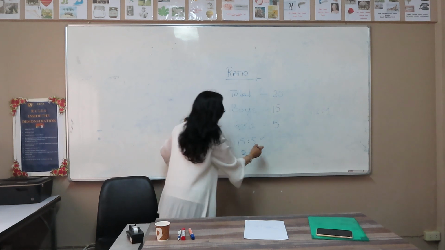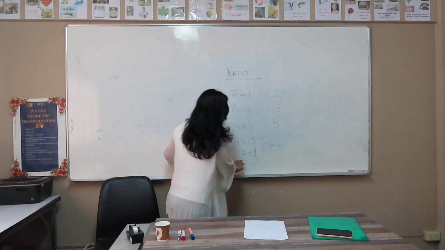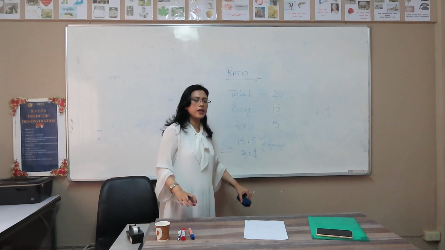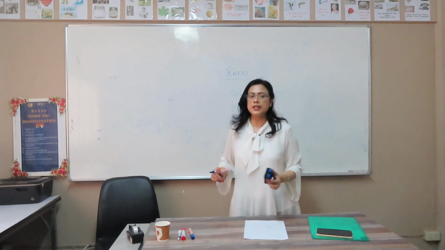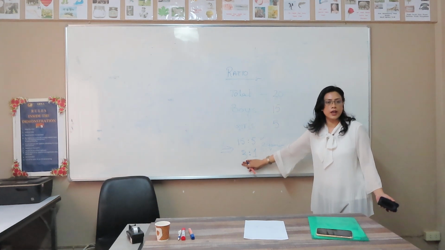So the ratio is equivalent to 3:1, right? If somebody says 15:5, it's very obvious that there are 15 boys and 5 girls, so you can easily understand. But if somebody says 3:1, it's a little confusing, right?